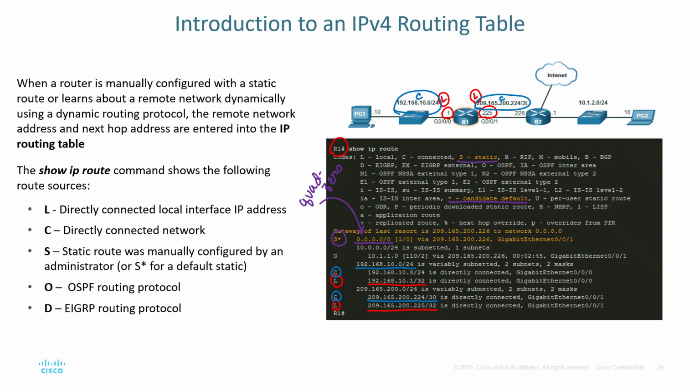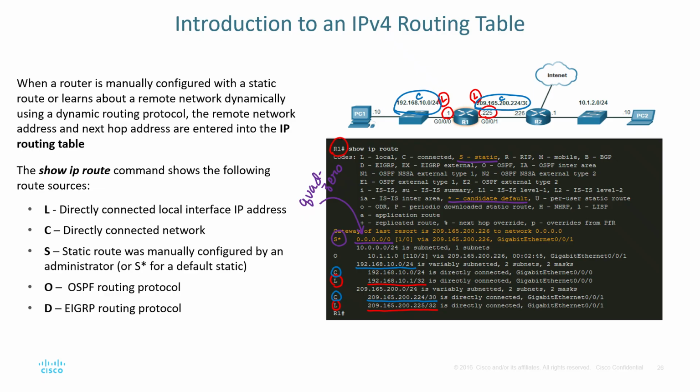There is an O for OSPF in the routing table, and they could also use, I'm sorry, so in this instance, we are using OSPF as the routing protocol, or if there is a D, it would be EIGRP routing protocol. So in this circumstance, we are using something different here.